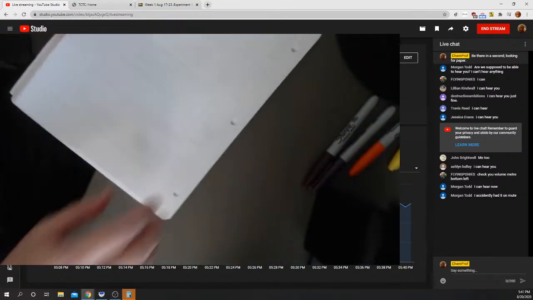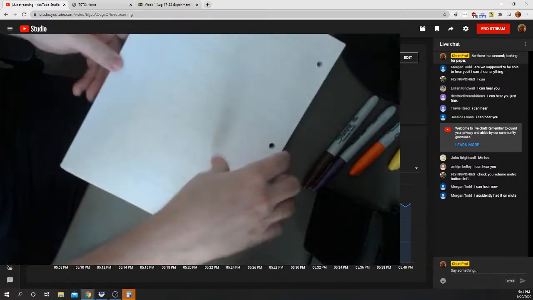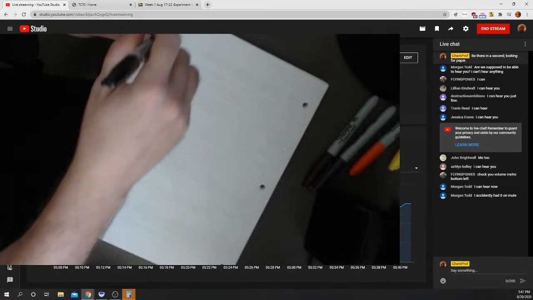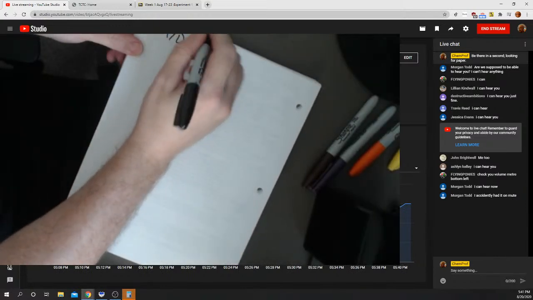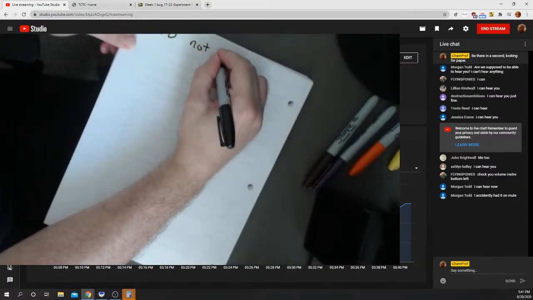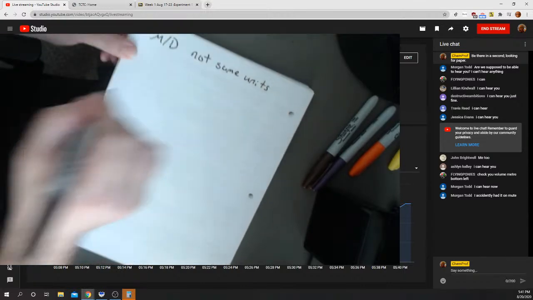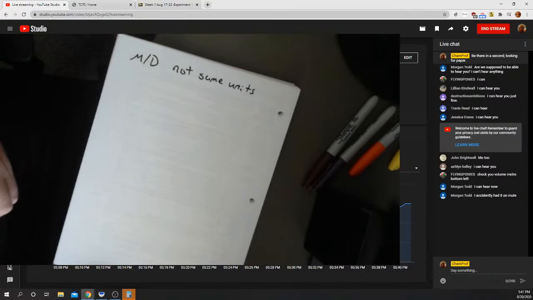Multiplication and division uses a slightly different set of rules. Okay. So for multiplication and division, multiplication and division doesn't have to have the same units, and the answer will not be in the same units.